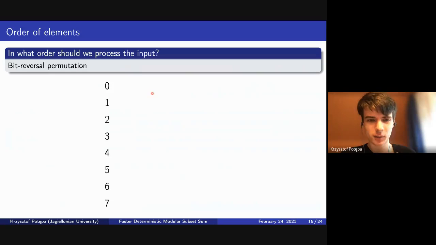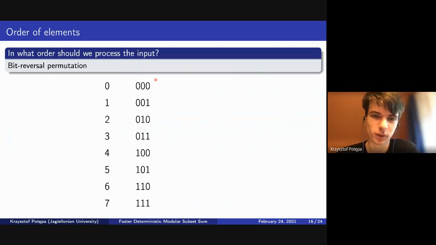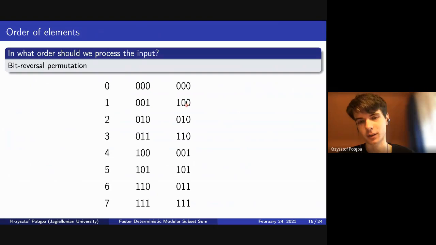What do I mean by that? Suppose we have as input all elements from 0 to 7. Let's look at the binary representation of these numbers. We want to sort them by the reverse of this representation. So we get an order like this, and we want to process elements in this order. And I say that it's good.